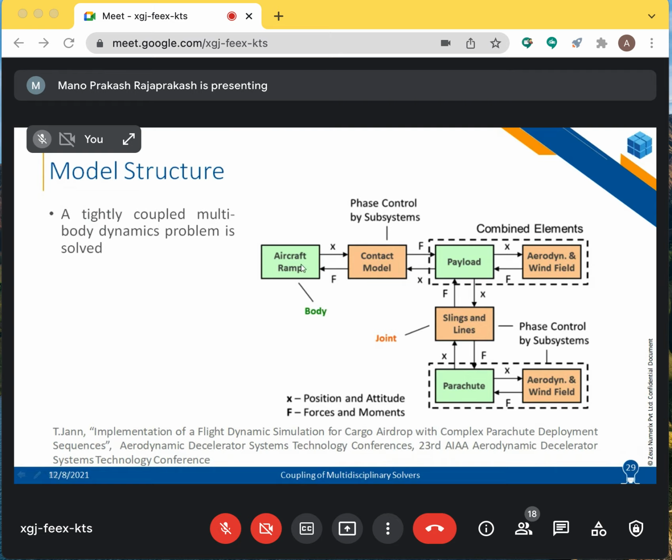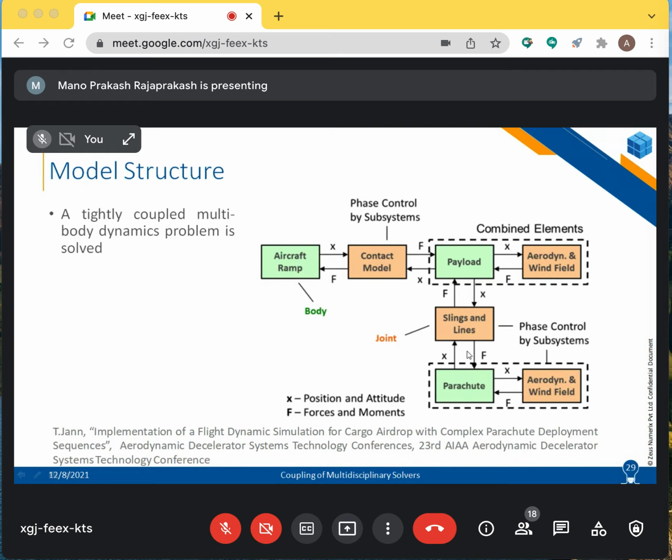As you may see here, your aircraft is going to have an impact on the payload. Your payload is going to get affected by aerodynamics and wind. Similarly, your parachute is also going to get affected by aerodynamics and wind. Between these two, we have connections and lines running.